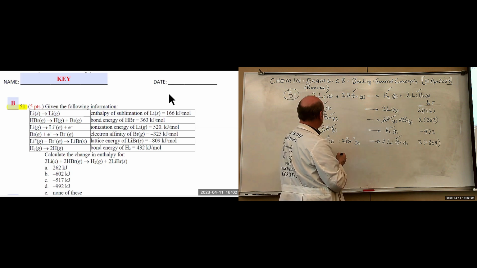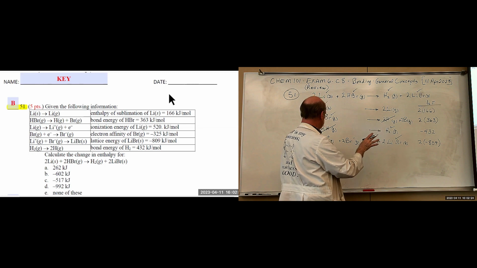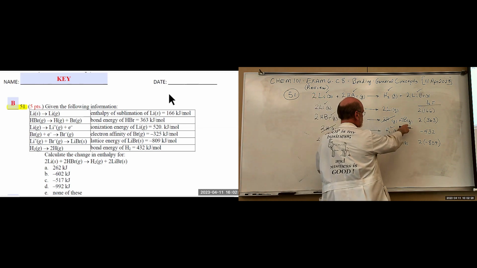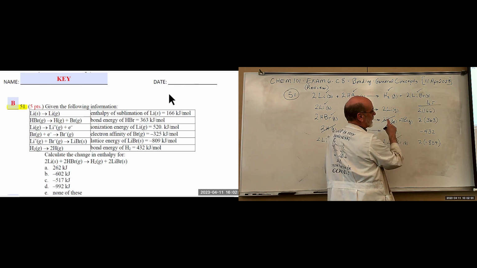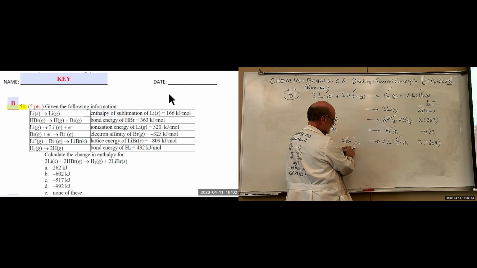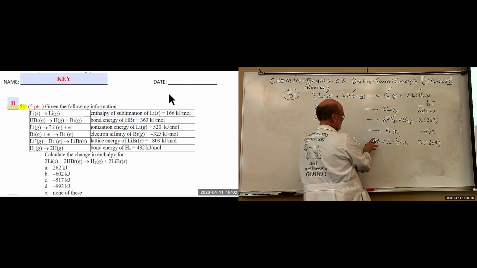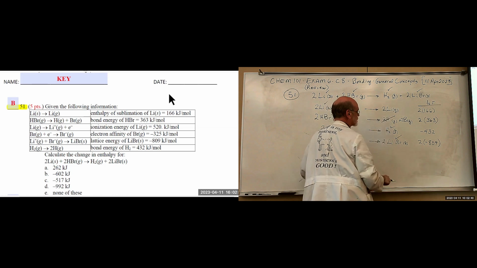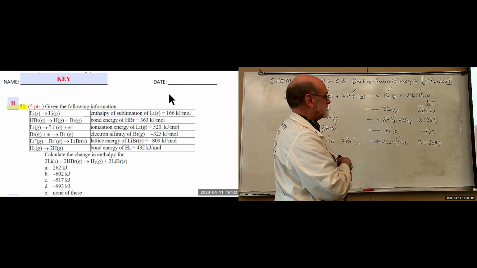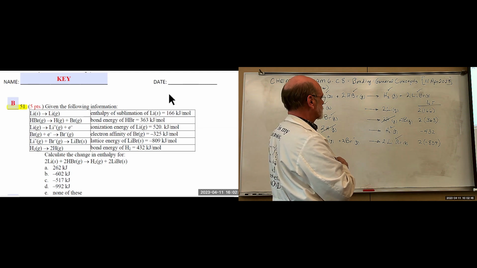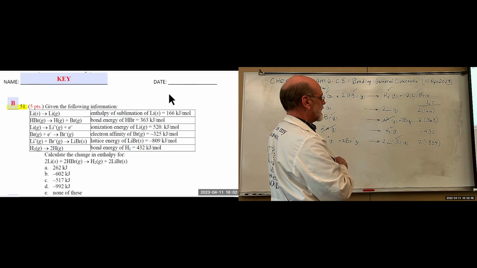Let's see, there's a lithium ion. No, can't cancel that one yet. Bromide? No, that's bromine atoms. This is bromide ion, so we can't cancel those. All right, so what we need to do is find a way to cancel this lithium gas. So where's lithium gas? There it is.